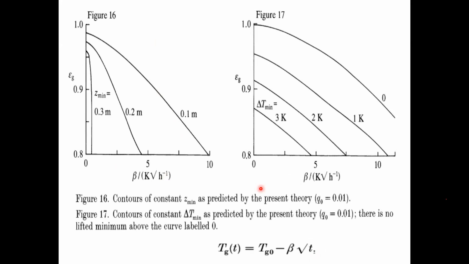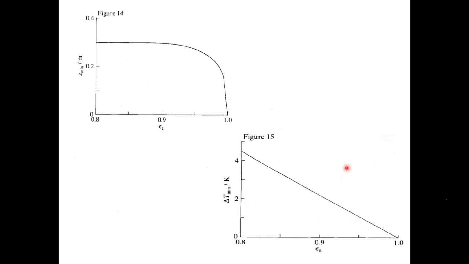And if the ground cooling rate is very high, the minimum temperature goes down. And you can see that the emissivity is approaching 1. So he essentially mapped the entire parameter space of emissivity and cooling rate to show under what condition this lifted minimum occurs.